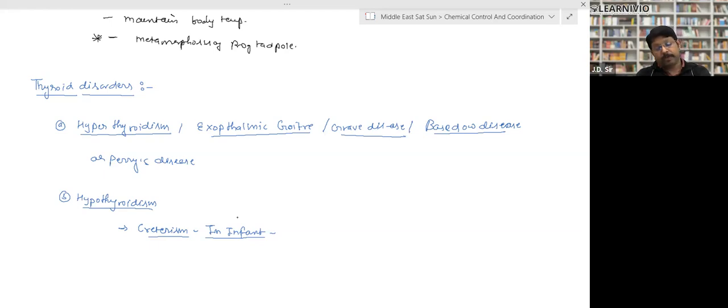Full stop. It reduces metabolic rate. Stunted body growth and reduced sexual development.